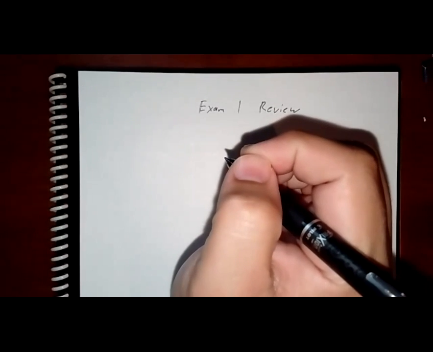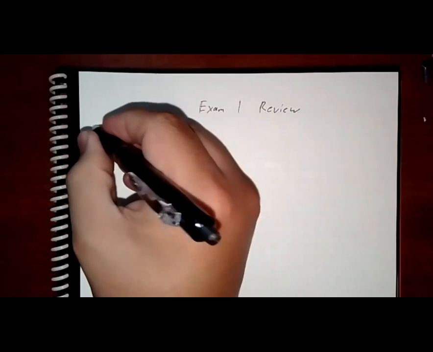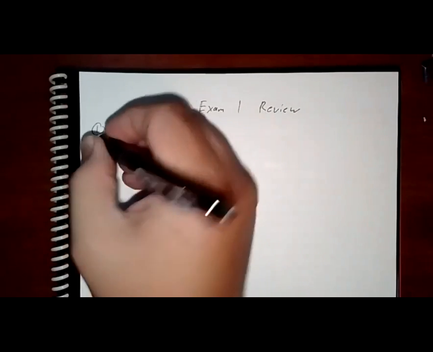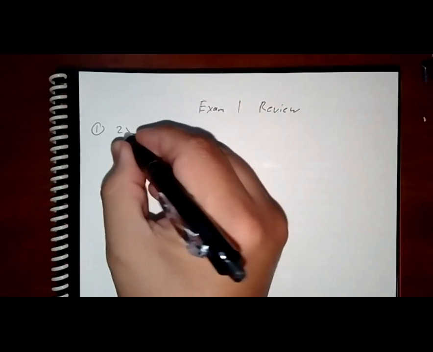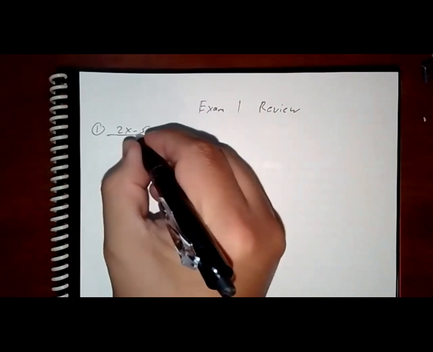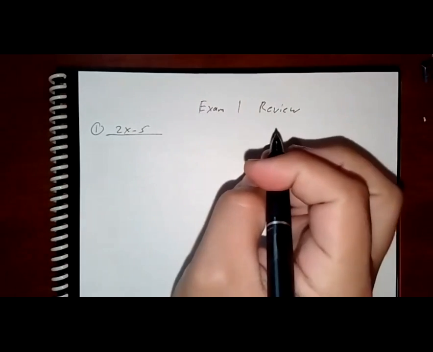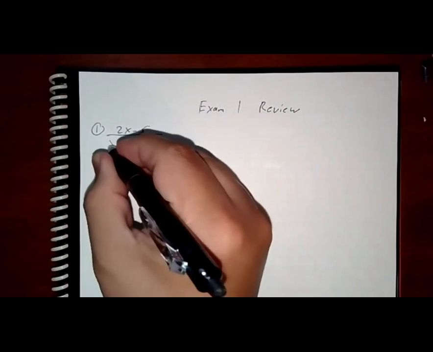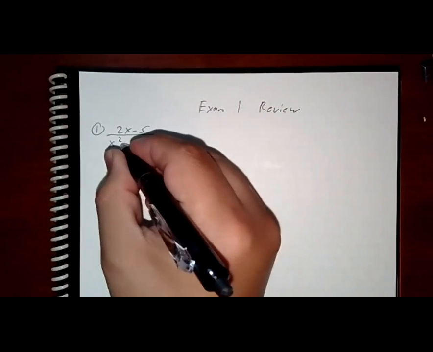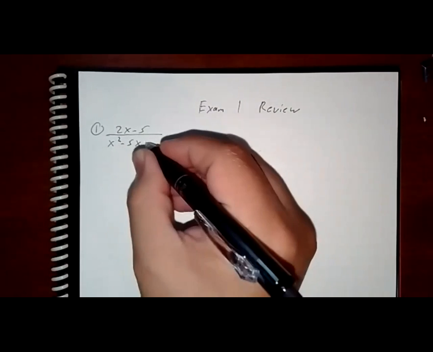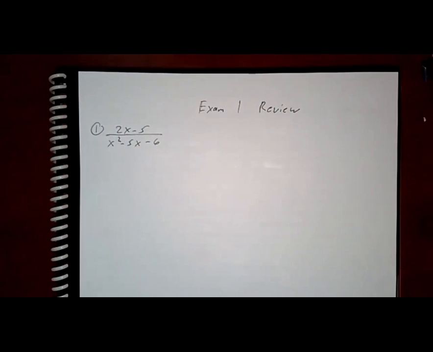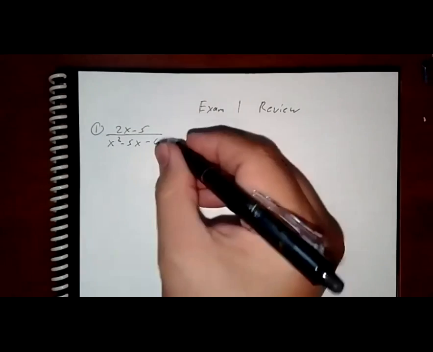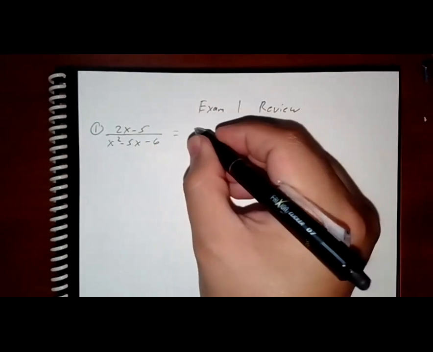Let's start with number 1, I guess. It's 2x minus 5 over x squared minus 5x minus 6. Okay, so I'm sure it's been a while since we've done partial fractions, so let's go ahead and show all our work.